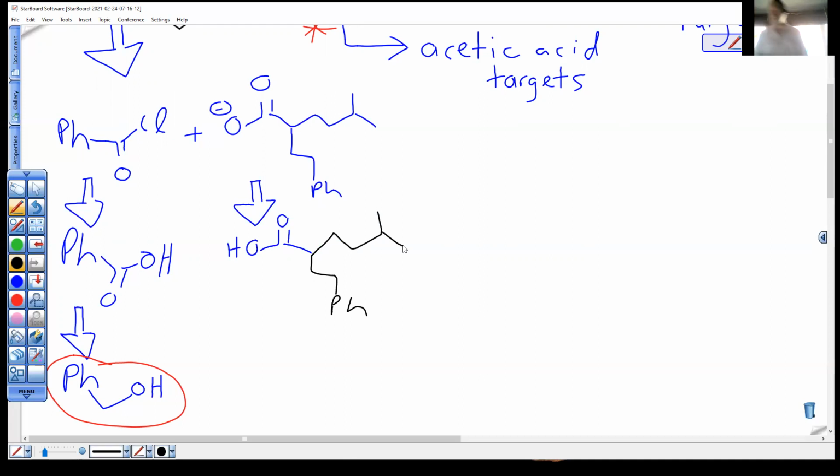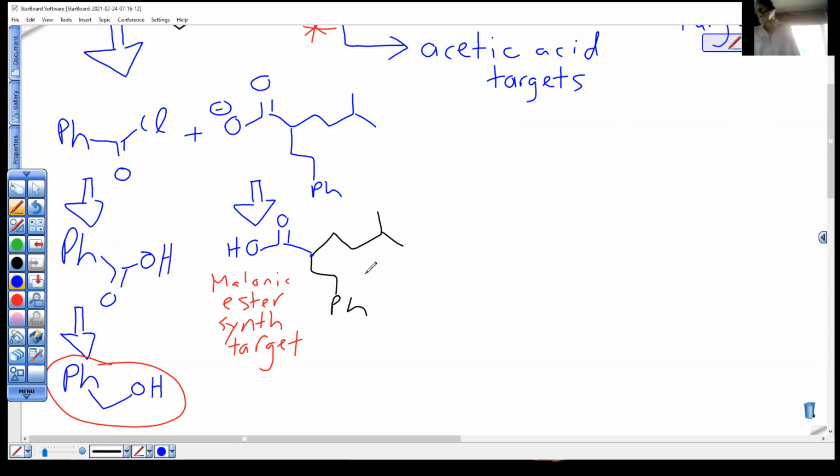That right there is a malonic ester synthesis target. Do you know how I know that? Because it has acetic acid in blue. All the way up to here is acetic acid.